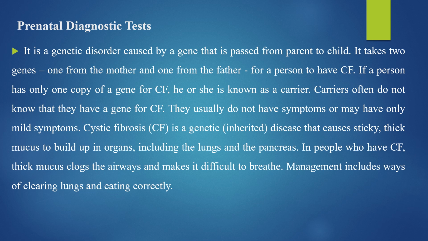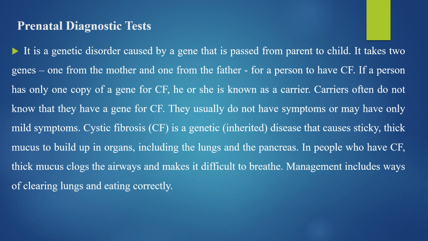If a person has only one copy of a gene for CF, he or she is known as a carrier. Carriers often do not know that they have a gene for CF. They usually do not have symptoms or may have only mild symptoms. Cystic fibrosis is a genetic or inherited disease that causes sticky, thick mucus to build up in organs, including the lungs and the pancreas.